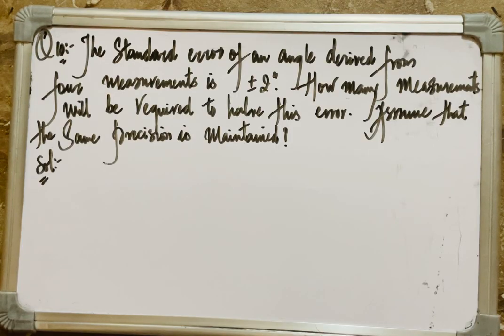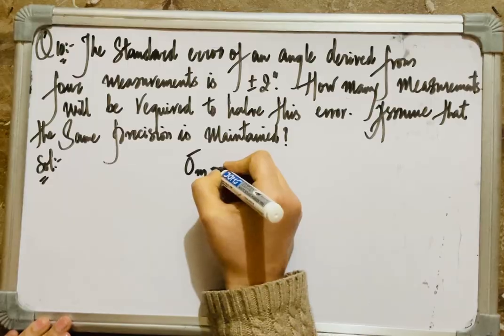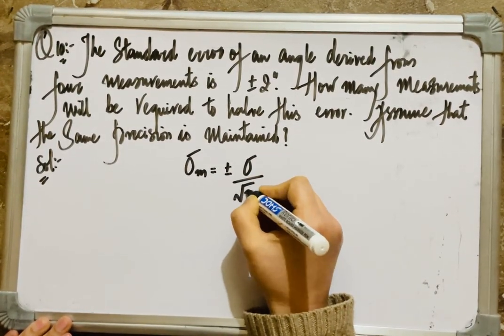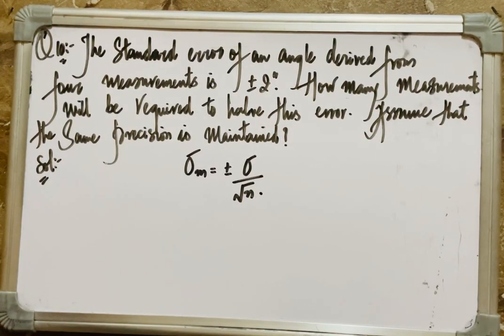We're assuming that the same precision is maintained during this entire surveying, wherein they are finding the angles. So I know that sigma m, the standard error of the mean, is equal to the standard error divided by the square root of the number of measurements or observations we are taking.